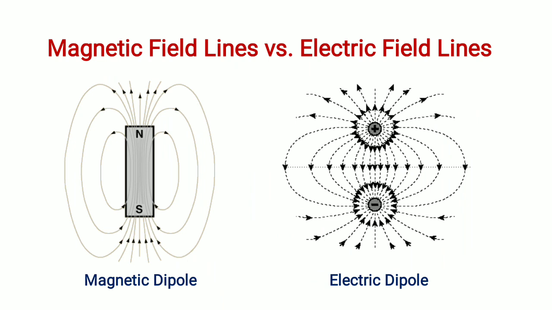But in the case of a magnet, the direction outside is north to south and inside the magnet it is south to north. That means magnetic field lines form loops, closed paths. Electric field lines are not closed. That is the only difference, remaining all are almost the same. And the maximum strength of the magnet is at the poles, which you already learned.